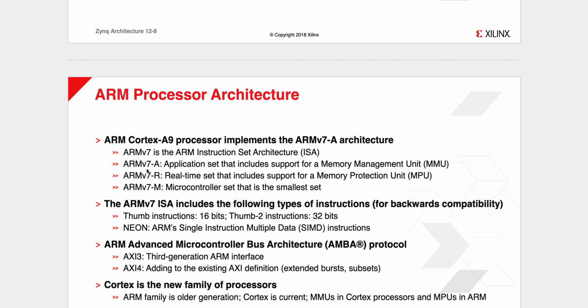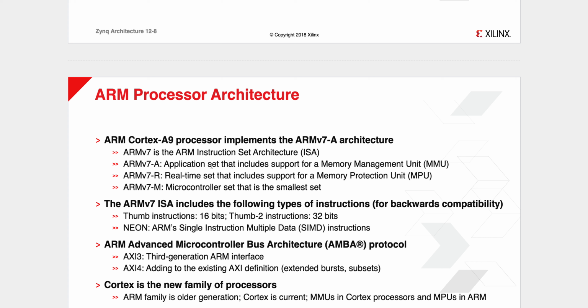The ARM v7A is the application set that includes support for a memory management unit. So in the ARM processor we need memory management. So we will have an ARM v7A, which is an application set that includes the memory management unit or MMU.